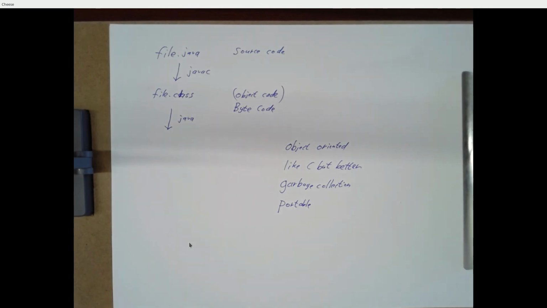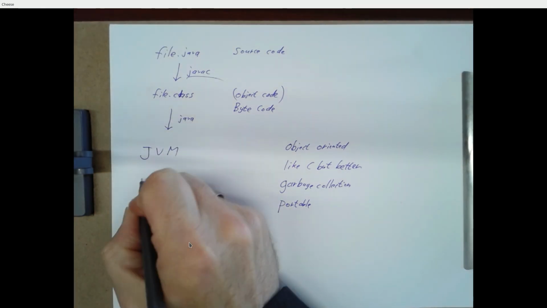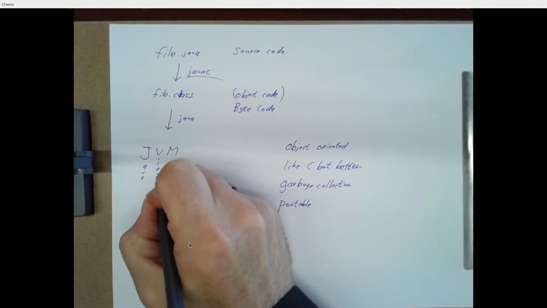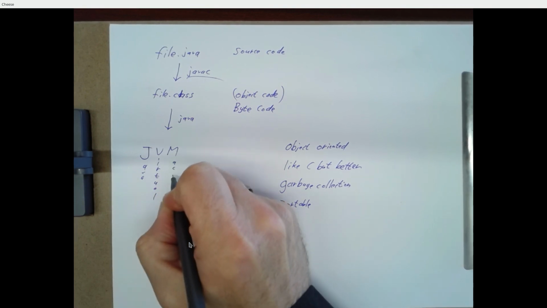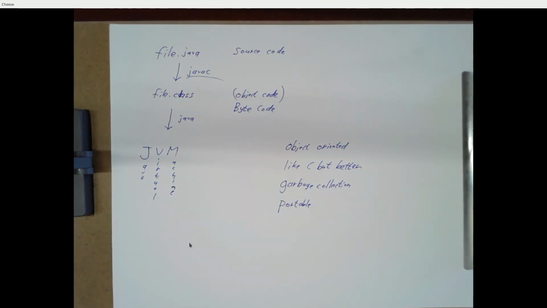But when you compile your Java code, you get a standardized set of ones and zeros, basically. And it's not the ones and zeros that an Intel processor or an ARM processor understands. It's the ones and zeros that are understood by something called the JVM, the Java Virtual Machine. It's a make-believe piece of hardware, a pretend CPU that actually runs on top of an Intel processor, an ARM processor, or something else.